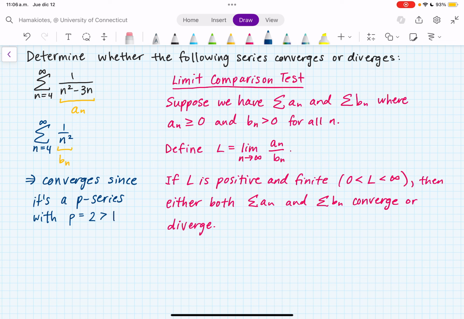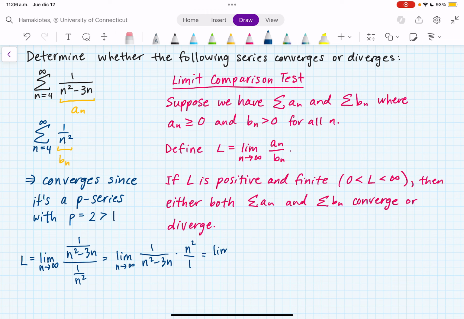Now, we need to define the limit L. So this limit L is the limit as n approaches infinity of the an, so 1 over n squared minus 3n, all over 1 over n squared. So that's going to be the same as the limit as n approaches infinity of 1 over n squared minus 3n times the reciprocal of 1 over n squared, which is n squared over 1.